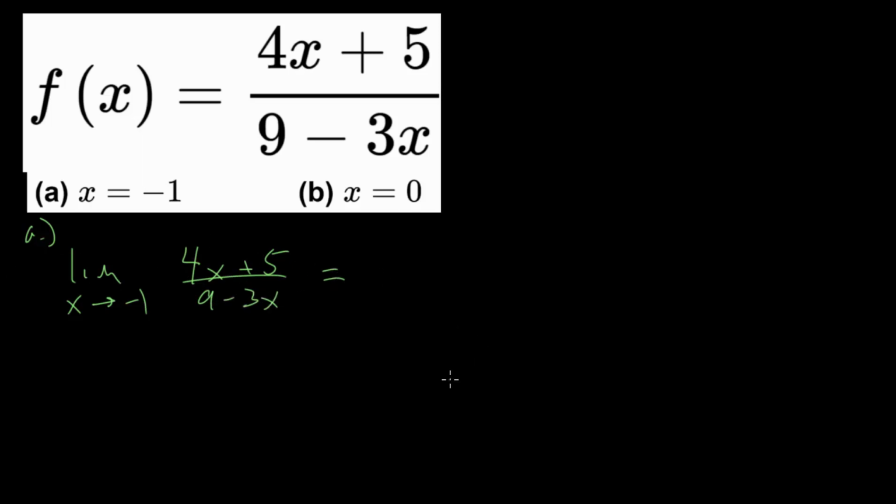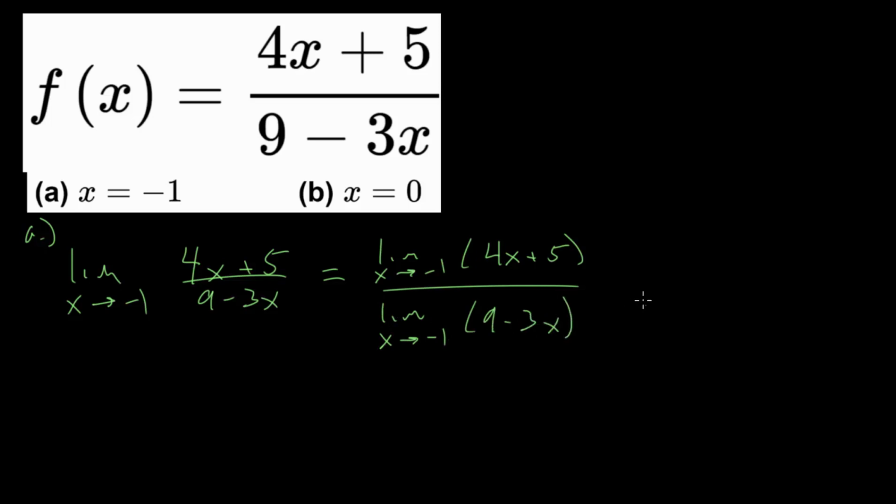When using limit properties, this would be equal to the limit as x approaches -1 of our expression in the numerator divided by the limit as x approaches -1 of our expression in the denominator. And when we have a sum, we can take the limit of each term.